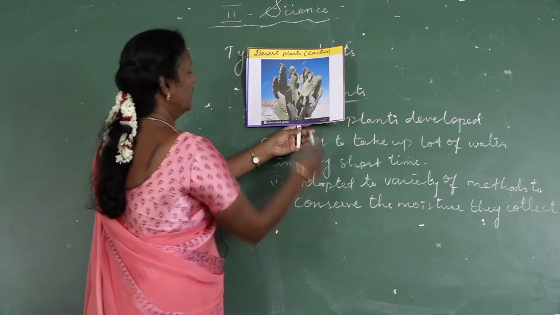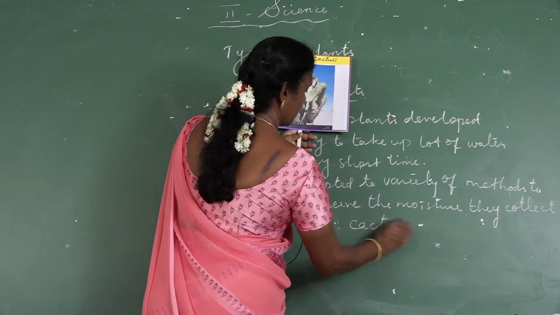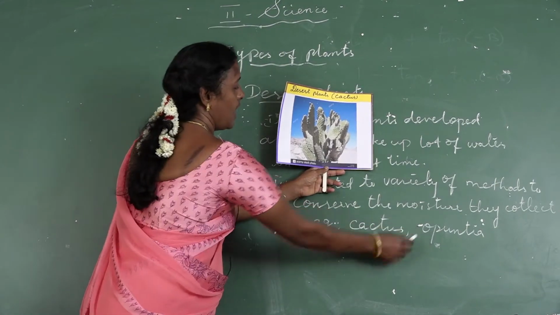This is a desert plant. Example: cactus and Opuntia.